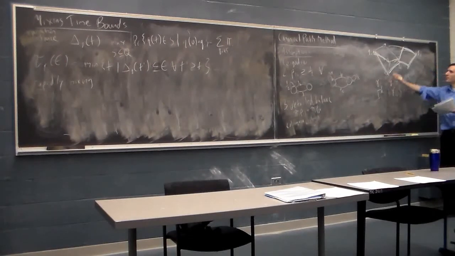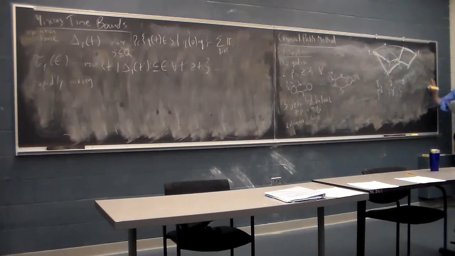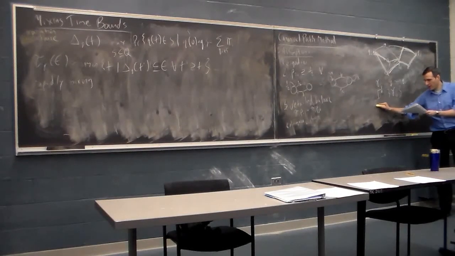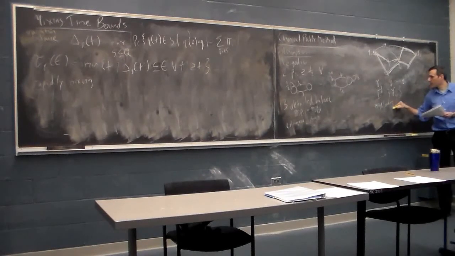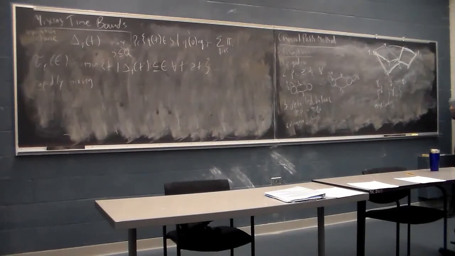Okay, so once we've picked our set of canonical paths, so for any pair of nodes we have a path between them, what we'll be interested in is a quantity called the edge loading of paths in the Markov model graph. And the edge loading is something we'll define as follows.